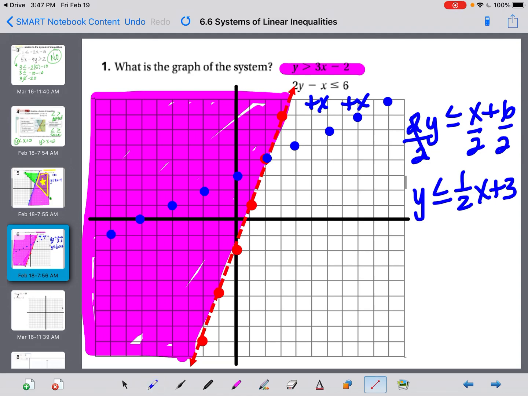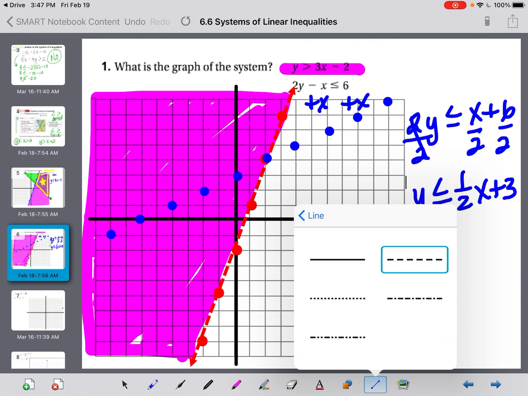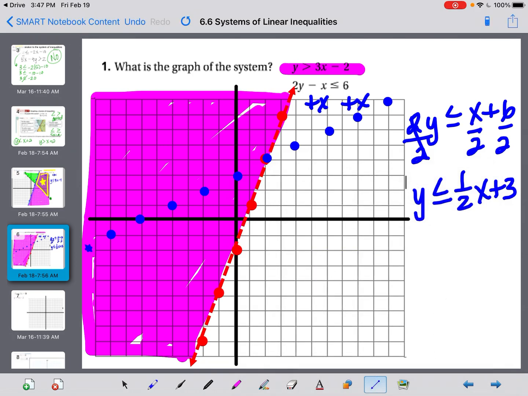And that line will be solid because it does have an equal to bar. And because the y is on the less than side, I'm going to shade everything below that line.